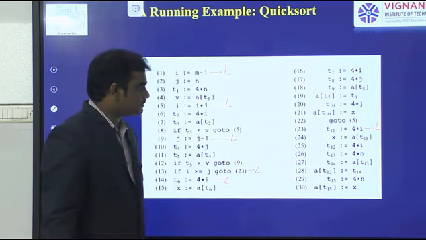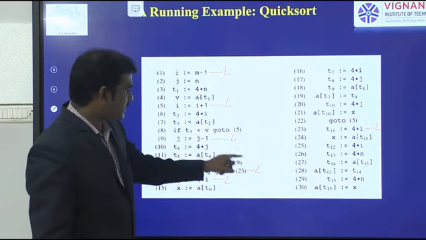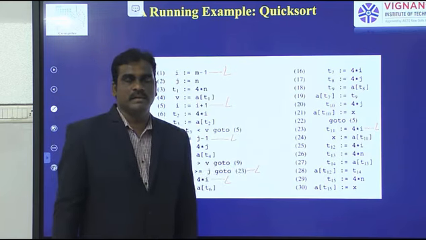So we have 1, 2, 3, 4, 5, 6: a total of 6 leaders.